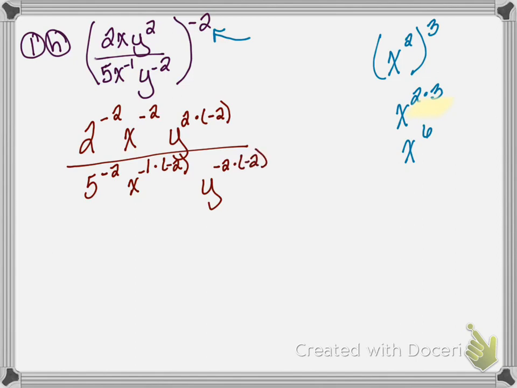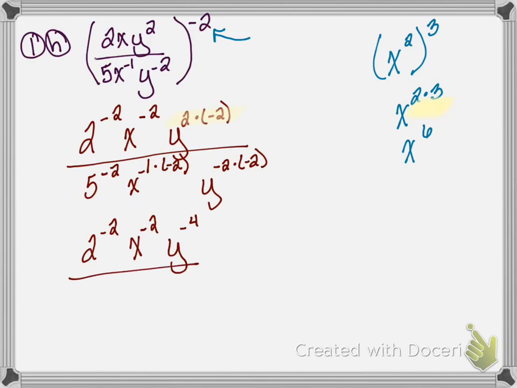Okay, now before I start moving things from the top to the bottom or the bottom to the top, I'm going to simplify each one of these because I wrote them out for you to see exactly what's happening. So I'm going to leave 2 to the negative 2, x to the negative 2. I'm not multiplying in either one of those. But for the y, I've got 2 times negative 2. So that is going to be y to the negative 4th.